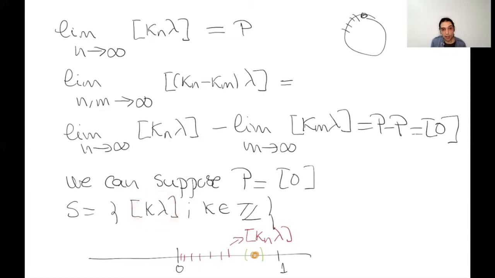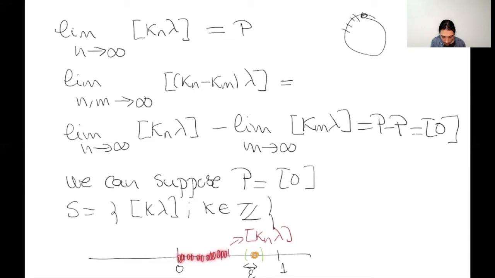But that's not very difficult, because if the interval, for instance, has radius epsilon, what we can do is consider a point over here, which is at a distance smaller than epsilon from 0, and then keep adding this point.